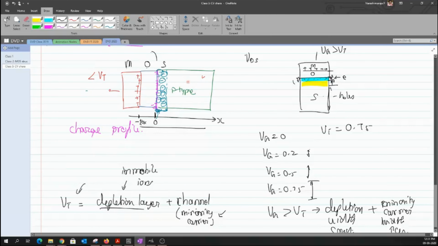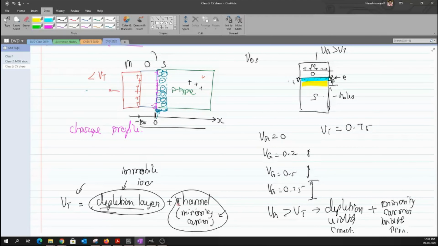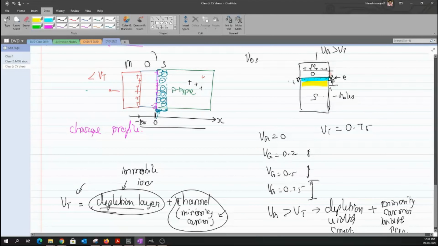I had holes here in the p-type, which are all free carriers. Similarly, I have negative charges which are free to move. These free carriers help us move the charges from source to drain. Clear? In short, the threshold voltage has to perform two functions. One is, first of all, to create a depletion layer, and then to create a minimum channel, which is created by pulling all the minority carriers towards the oxide semiconductor interface.